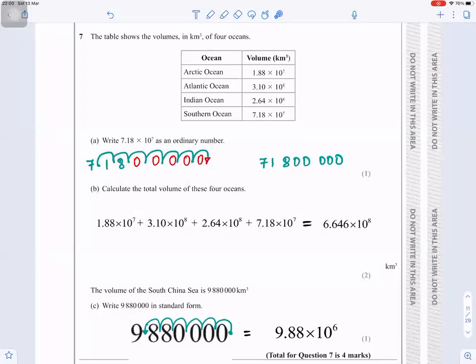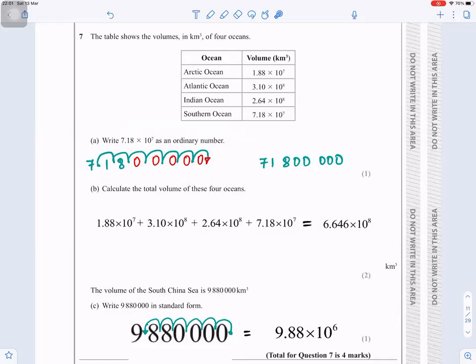Question number 7. The table shows the volumes in kilometers cubed of 4 oceans: Arctic Ocean, Atlantic Ocean, Indian Ocean, Southern Ocean. Write 7.18 times 10 to the 7 as an ordinary number. You can get your calculator to change this standard form to an ordinary number. Change the format on your calculator, it'll do it for you.